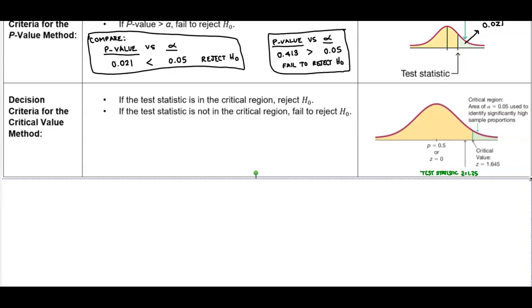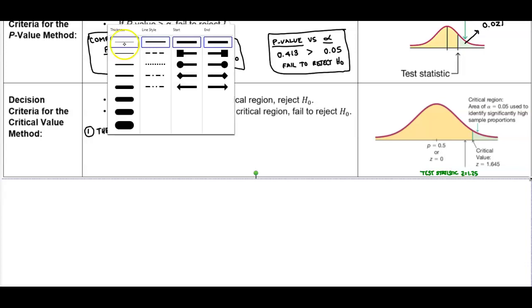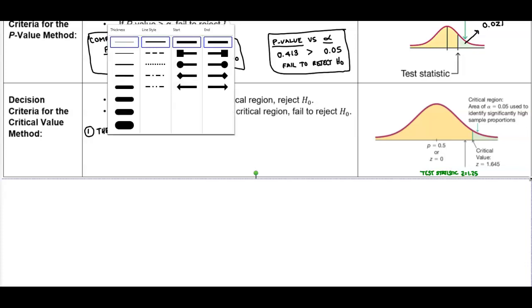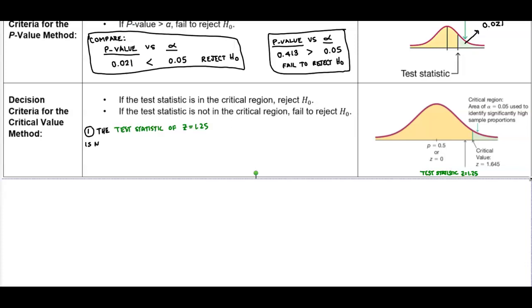Okay, so if we take a look at the first scenario, okay, we would say that in this case here, the test statistic of z is equal to 1.25 is not in the critical region.